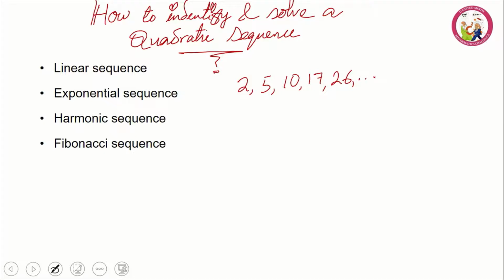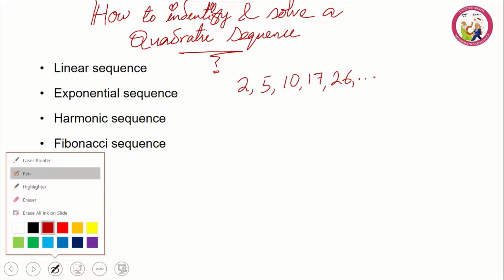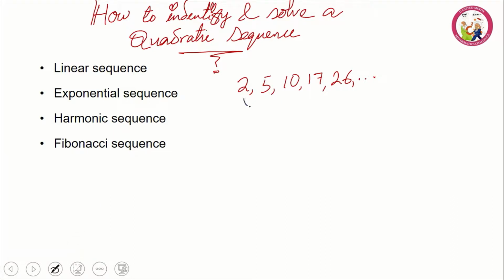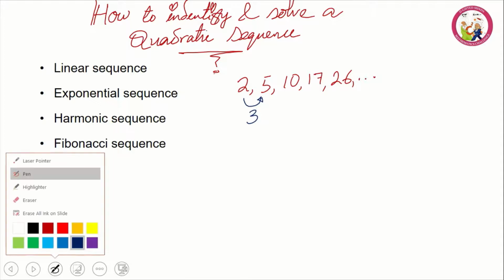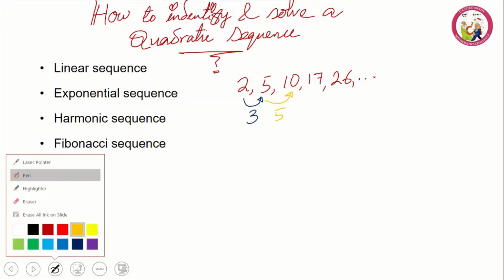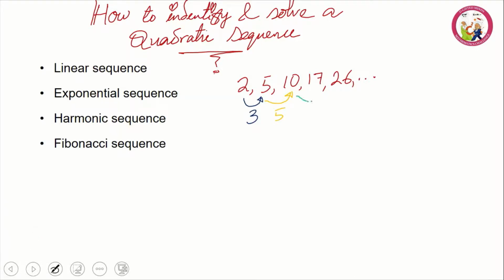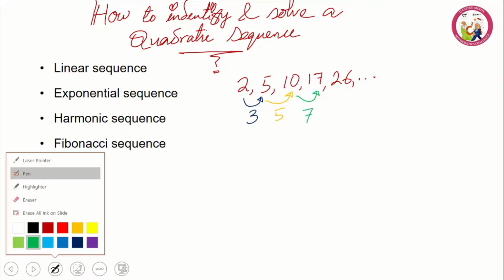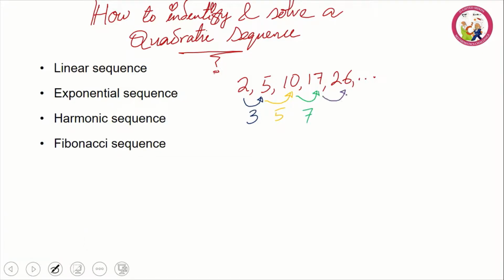Okay, what you observe here is that we have a first difference of 3, a second difference of 5, a third difference of 7, and a fourth difference of 9.